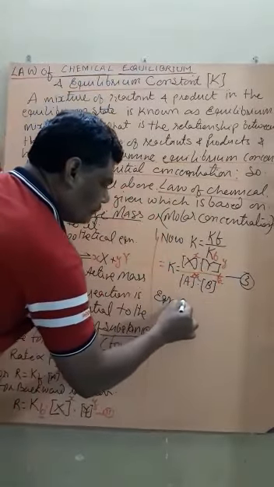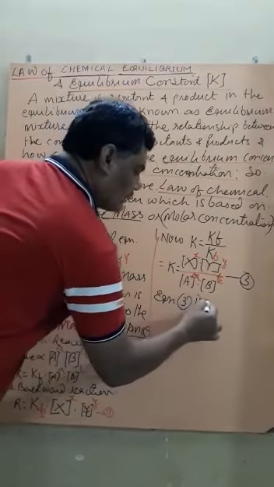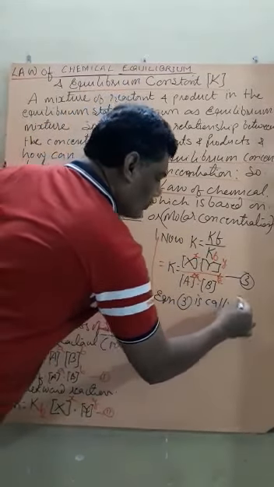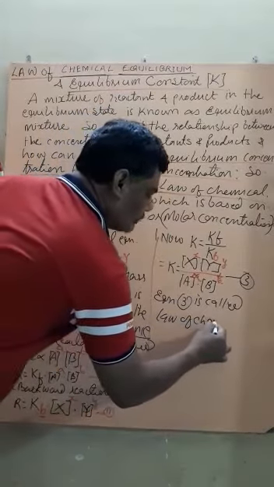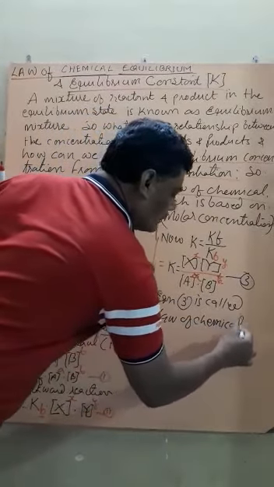Equation 3 is called the law of chemical equilibrium.